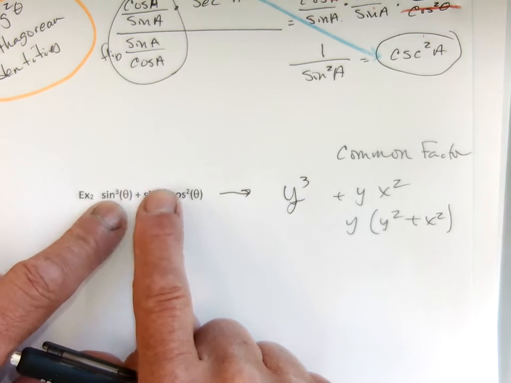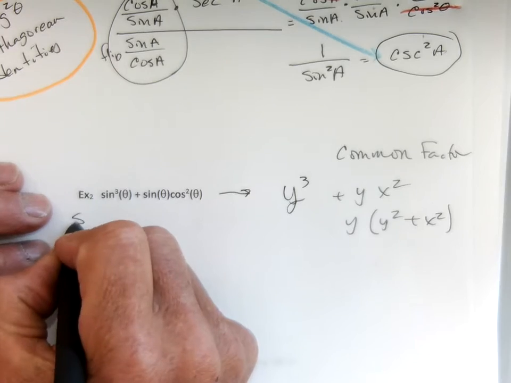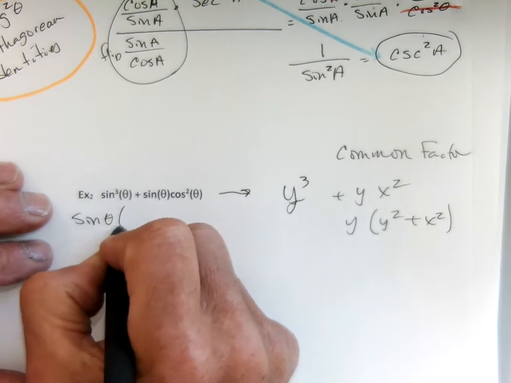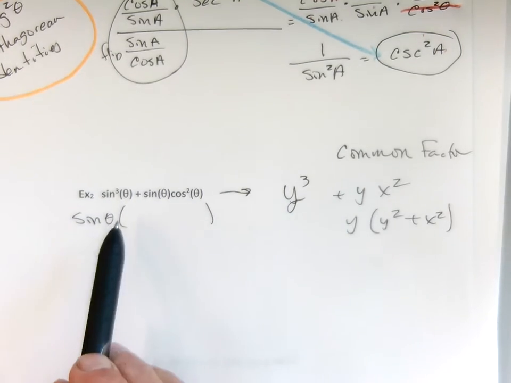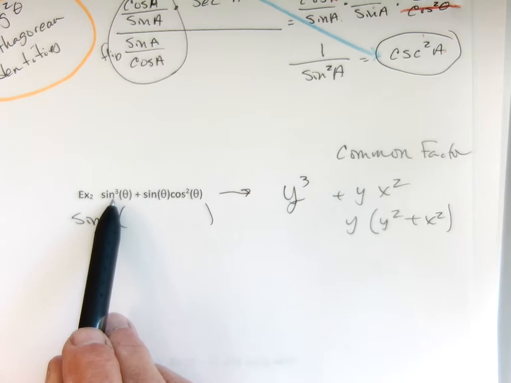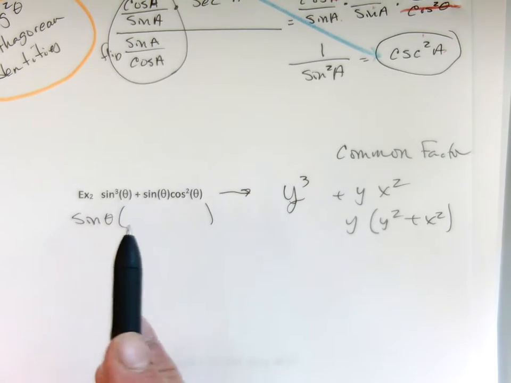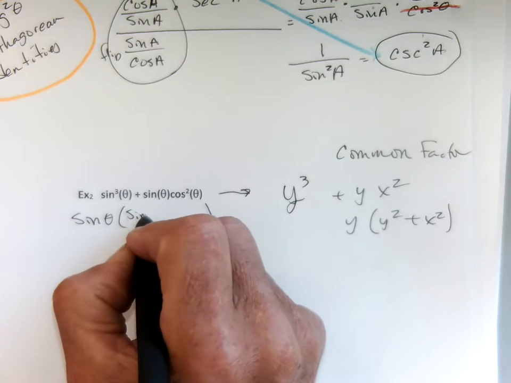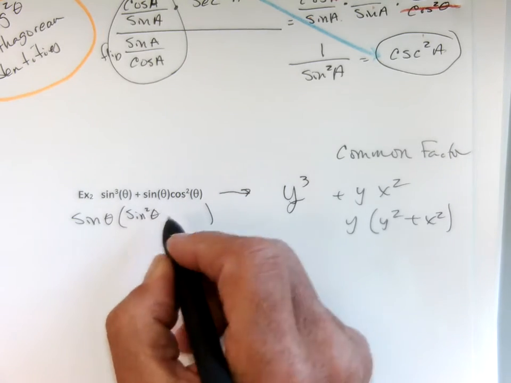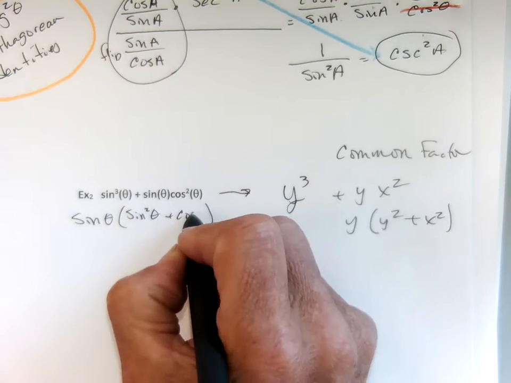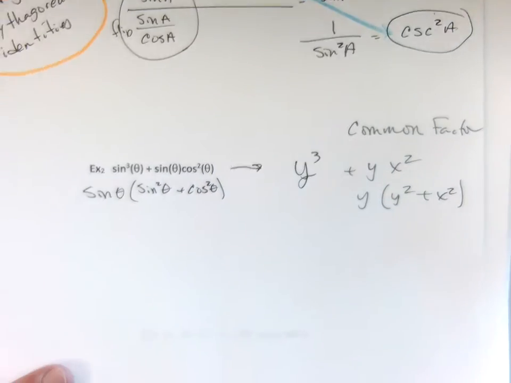If I take out a sine theta out of both terms, I had a sine cubed. If I take out a sine, I'd have a sine squared. If I take out a sine, I'd have just a cosine squared theta, okay?